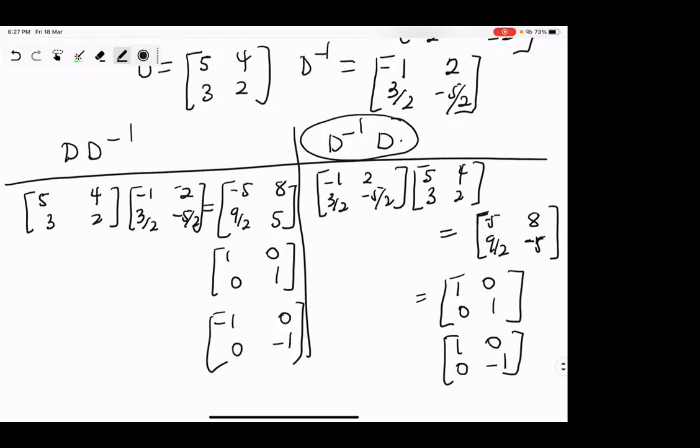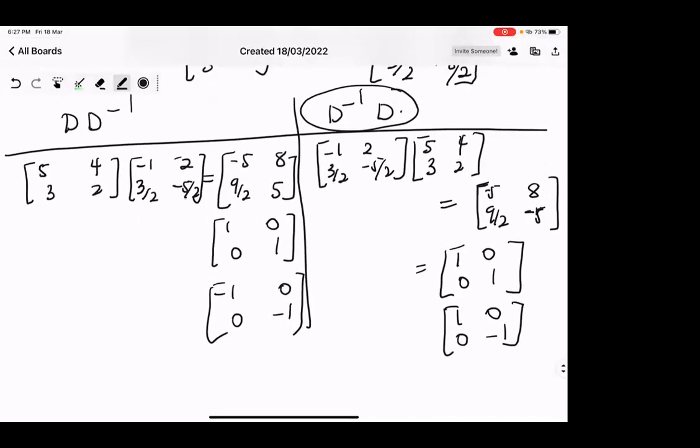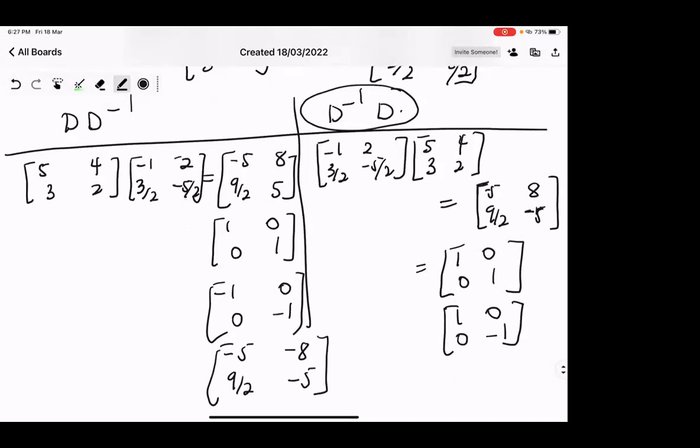D inverse, it is this thing. -5, -8, -5.